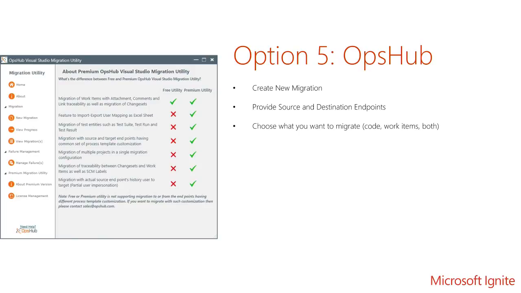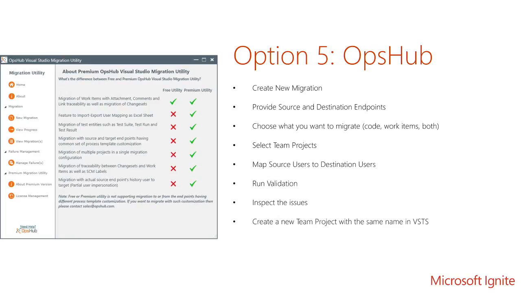You choose what you want to migrate, basically code and work items. You select the team projects you want to migrate. You map your source users to destination users. You run a validation. You inspect all the issues. You create a new team project with the exact same name, and you rerun the validation. You run the import, and then you wait for the thing to fail.